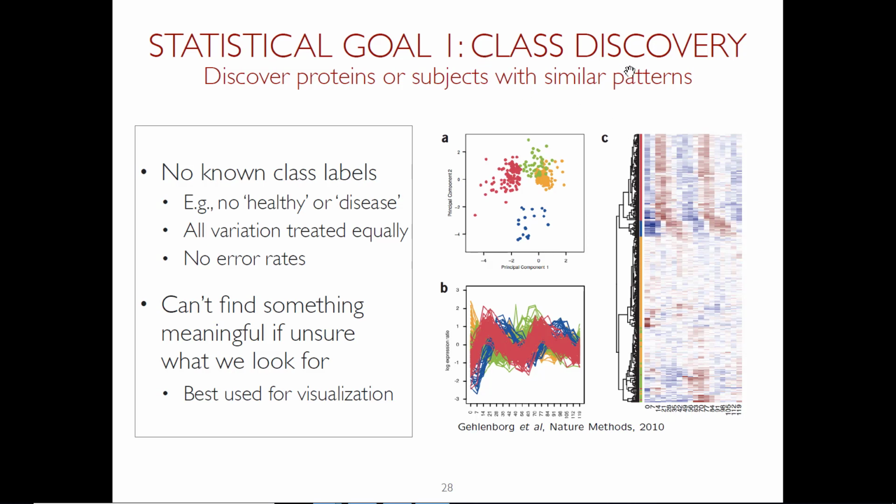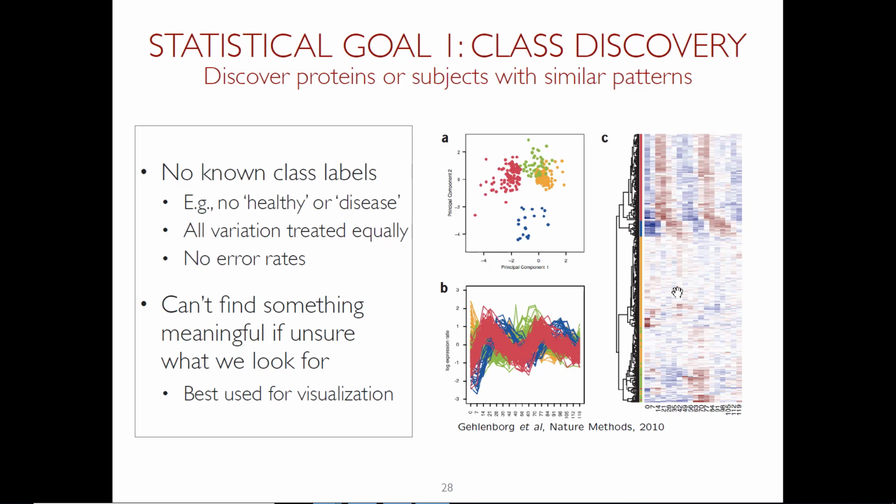So class discovery means I want to find analytes which have similar patterns. So I want to find proteins which have similar patterns in the space of the samples. This is important because maybe these are co-regulated proteins, or maybe these are proteins which are part of the same response mechanism to whatever stress was induced.